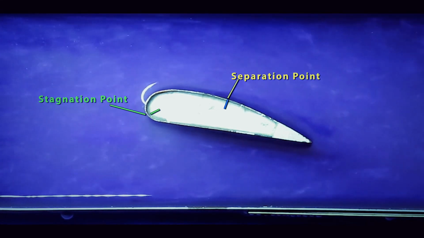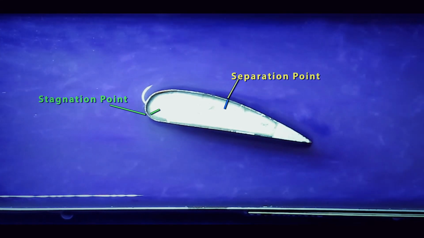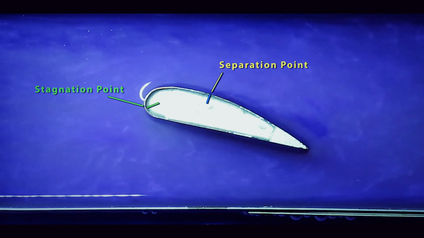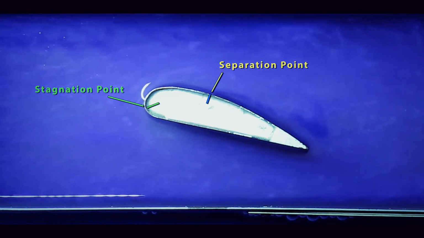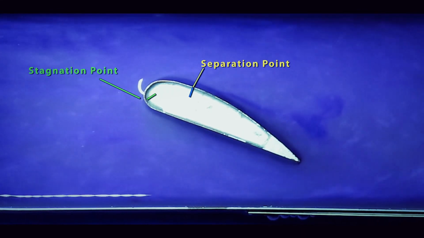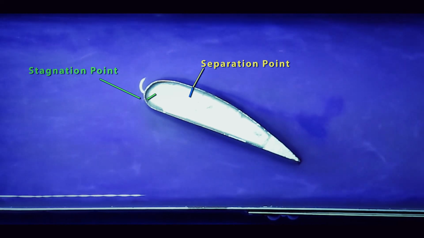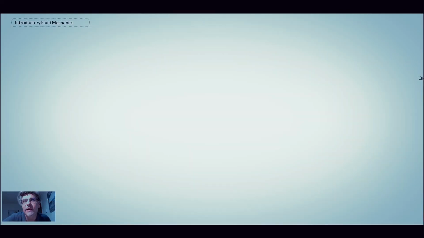So what you're noticing here, and we're going to run through that clip again, is that near the back of the airfoil, we start losing the effect of Bernoulli's because we have separation. And consequently, that's why from the earlier clip, when we were looking at the performance of the airfoil in the wind tunnel, we were noticing that the pressures near the trailing edge were really not changing that much.